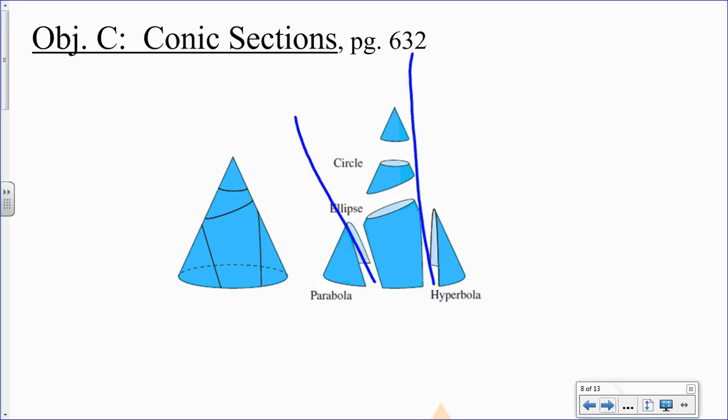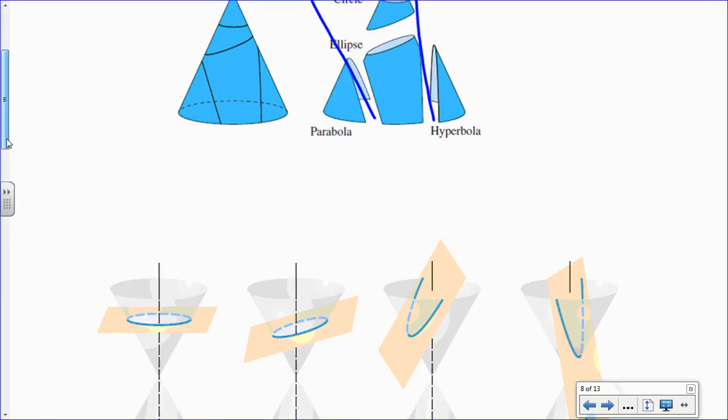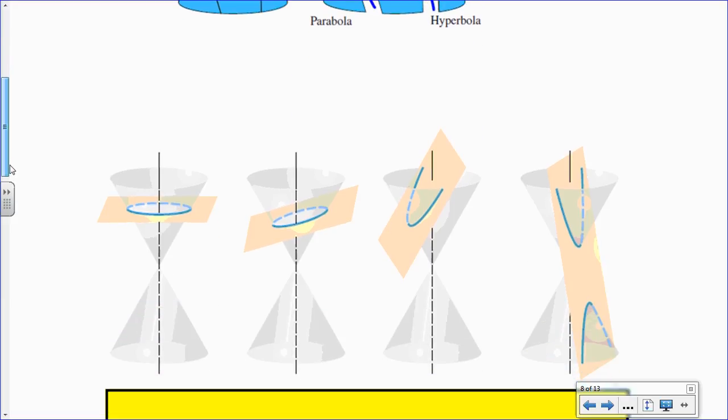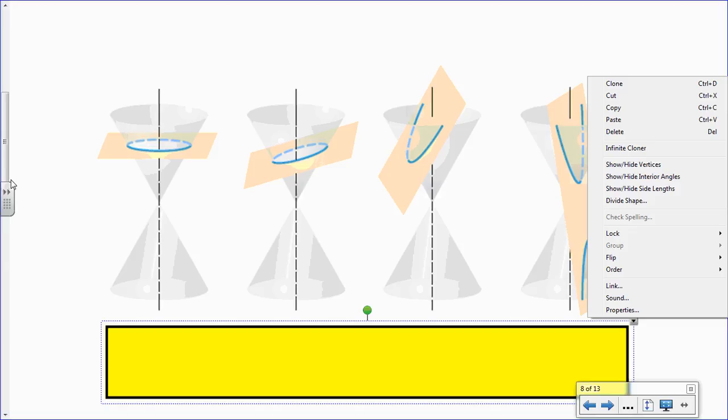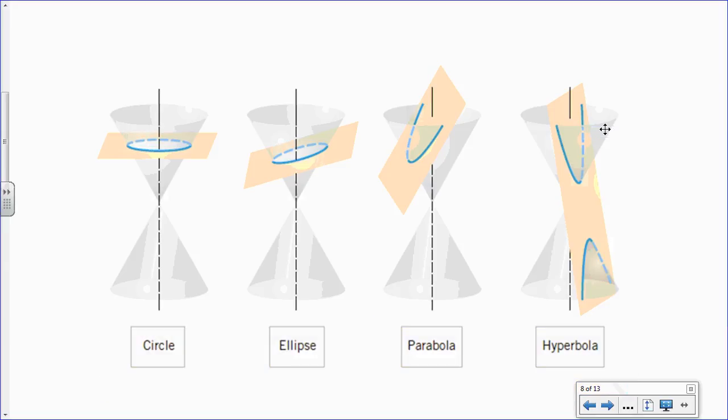Okay, so I'm going to scroll down. Here is what it looks like if you had two cones where their tips were touching, so we can see more the difference between a parabola and a hyperbola. Think about these yellow planes here as a blade.